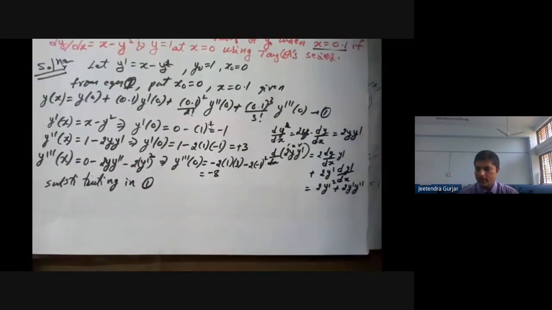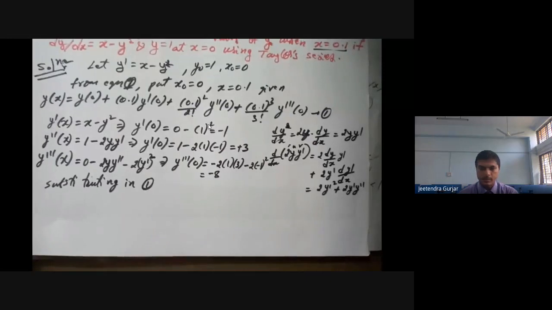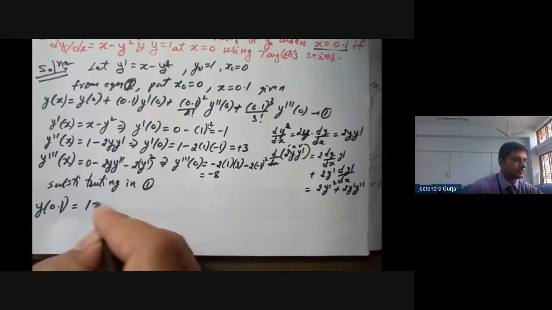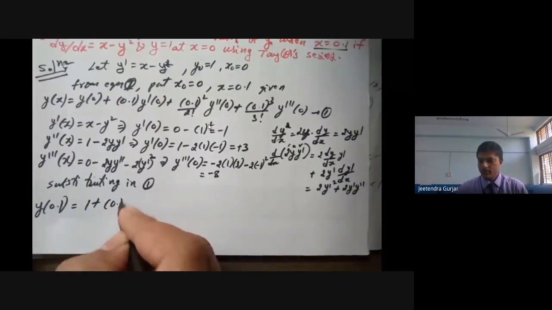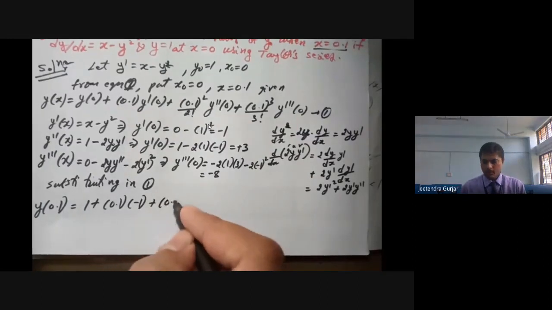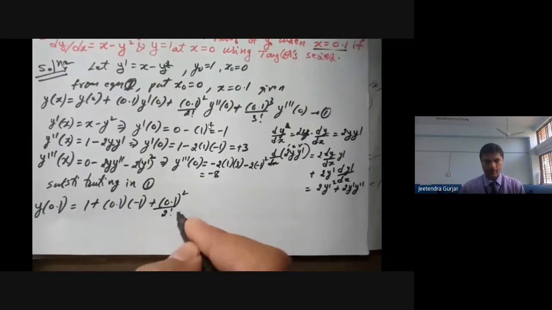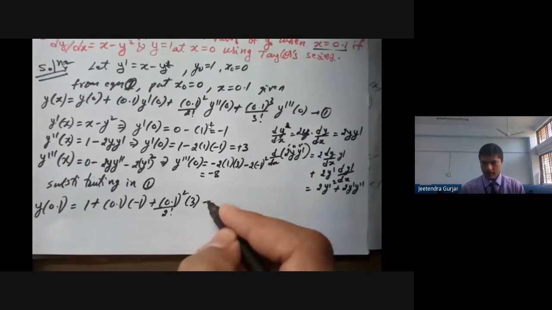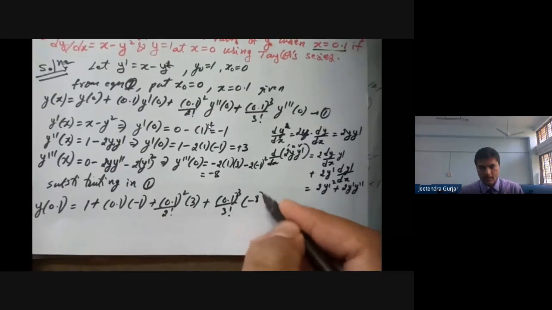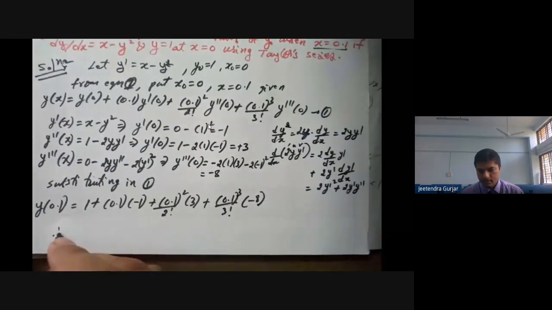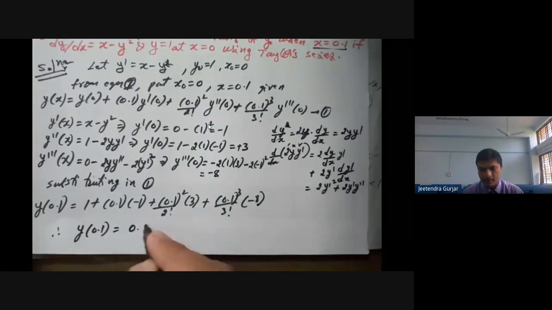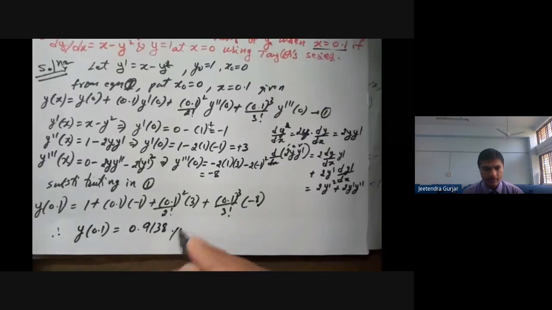You are going to get the value. y of 0.1 is equal to 1 plus 0.1 into minus 1 plus 0.1 square upon 2 factorial 3 plus 0.1 cube upon 3 factorial, and this is minus 8. Substitute in the calculator. I think many of them have got the answer already. It is y of 0.1 is equal to 0.9138.